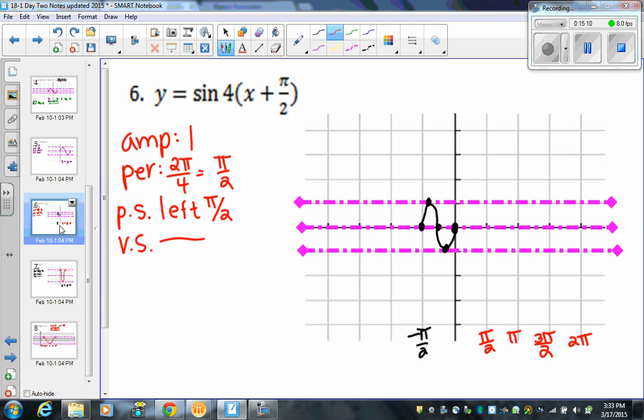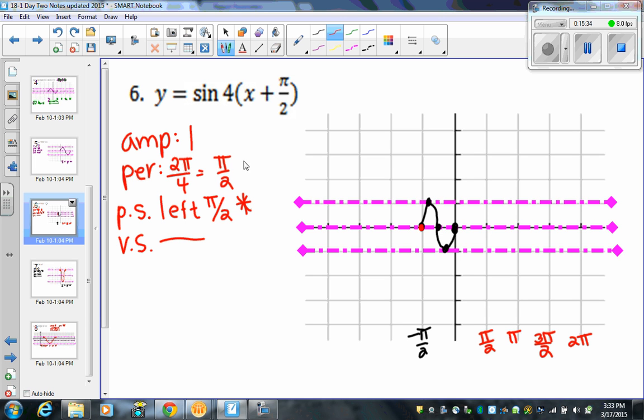For number 6, we don't have a vertical shift, so our midline is on the x-axis. Our amplitude is 1, so we went up 1 for our high and down 1 for our low. Now on this one, we had a phase shift left pi over 2. So I went left and put my first point pi over 2 units to the left.